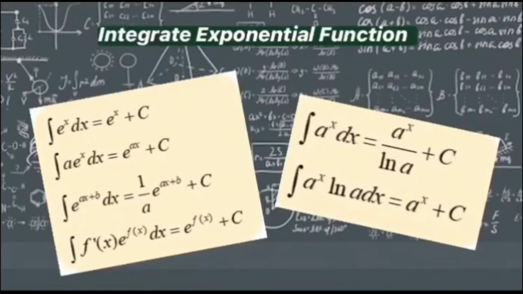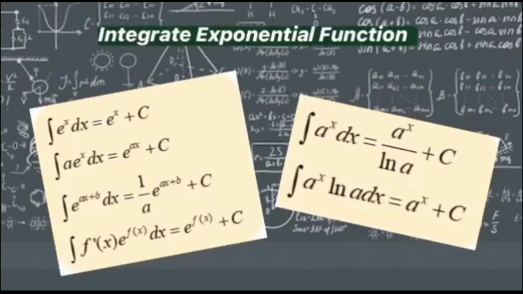And number 2 is integral e to the power of ax dx will become e to the power of ax plus c. And the third one is integral e to the power of ax plus b dx will become 1 over a e to the power of ax plus b.